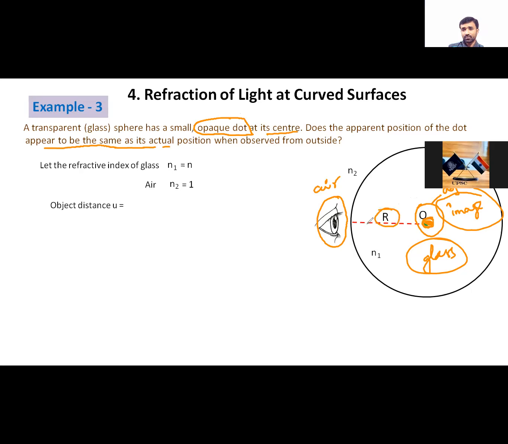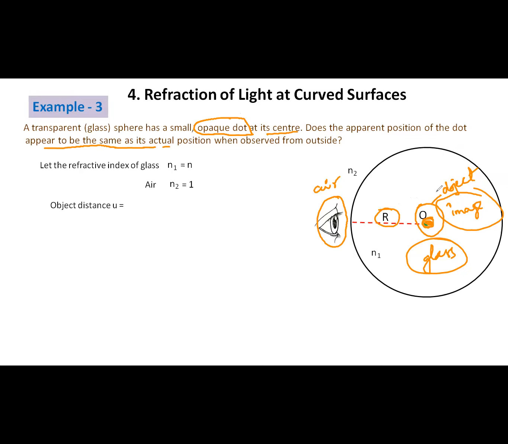So according to the sign convention, is R taken to be positive or negative? What is the incident light ray direction, left side or right side from the object? The left side, right?